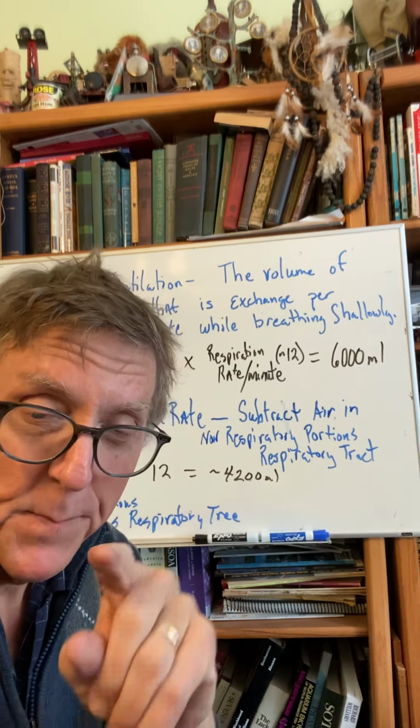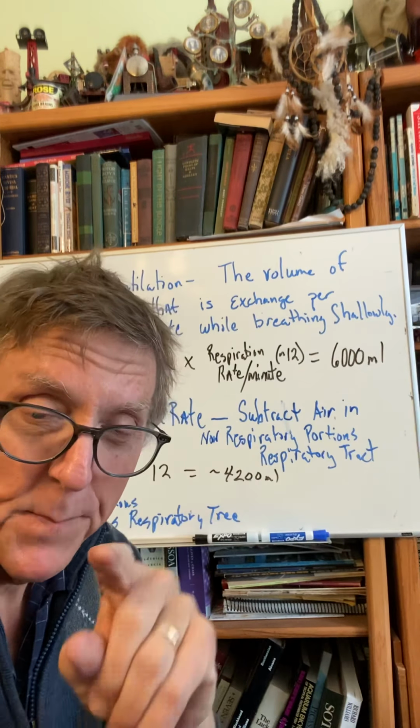So when we think about these ventilations and this movement of air, we can say probably a more meaningful measure would be how much of the air makes it to the locations where we have gas exchange. And so we have another type of calculation we can do, and that is called alveolar ventilation rate.